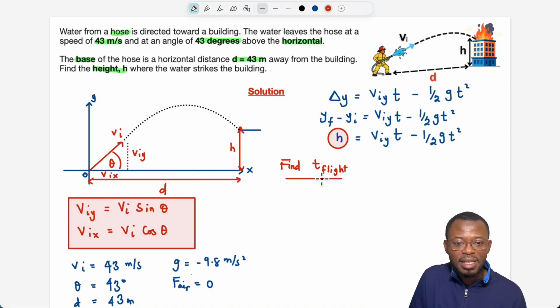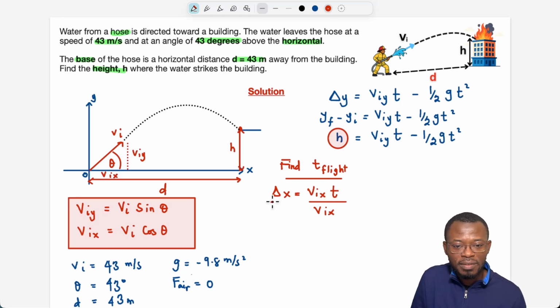To find the time, we consider the horizontal displacement, which is delta x equal to vix, the initial speed in the x direction, times the time. So to find the time, we divide both sides by vix.